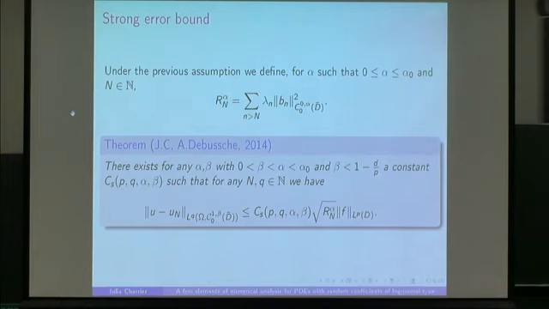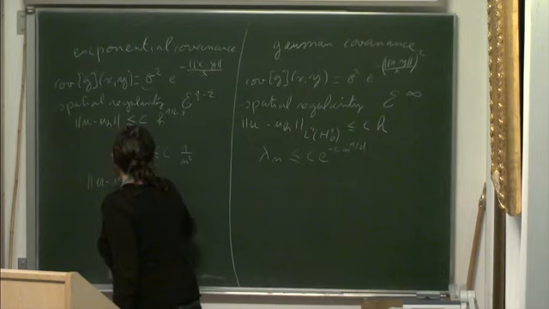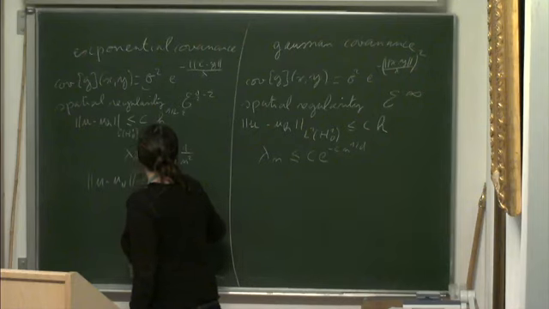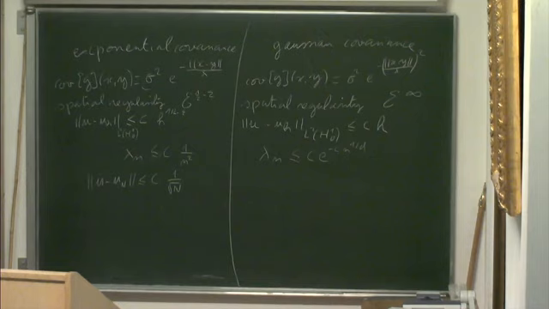So if you have lambda n, which is more or less 1 over n squared, the remainder is 1 over n, and so the strong error is, up to a constant, the square root of 1 over n.